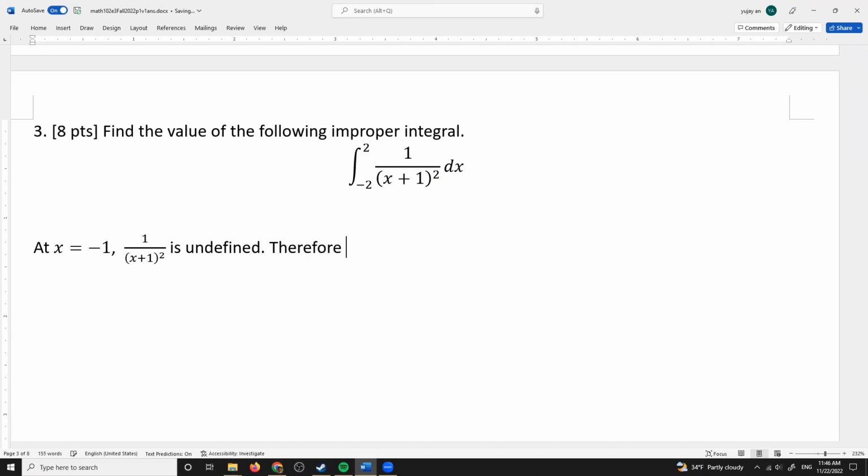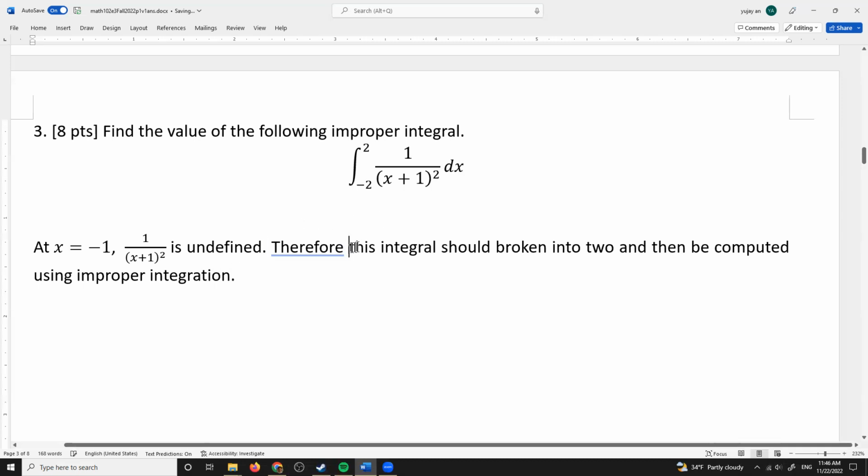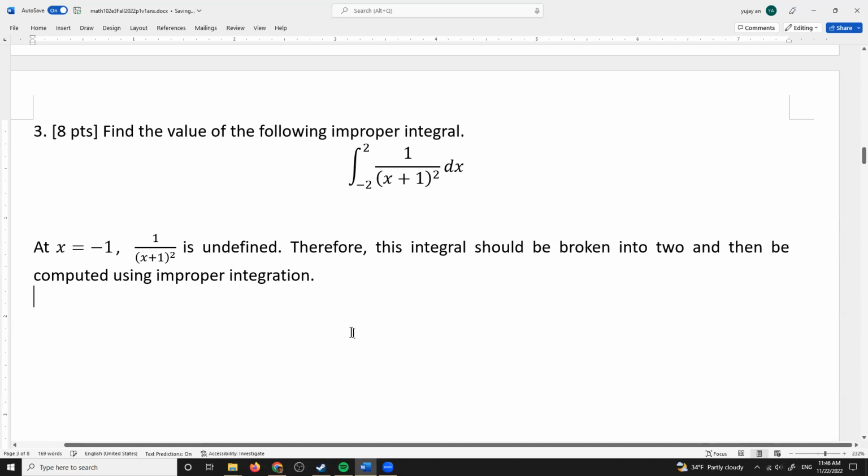Therefore, this integral should be broken into two and then be computed using improper integral. Should be broken into.